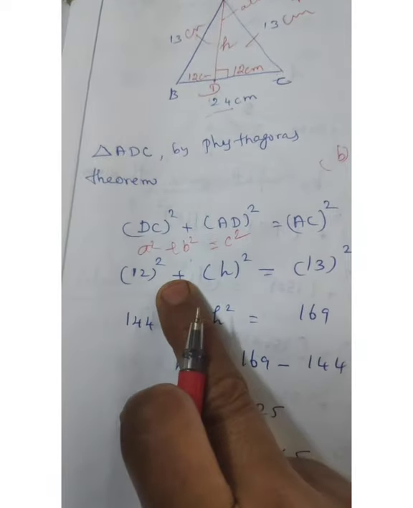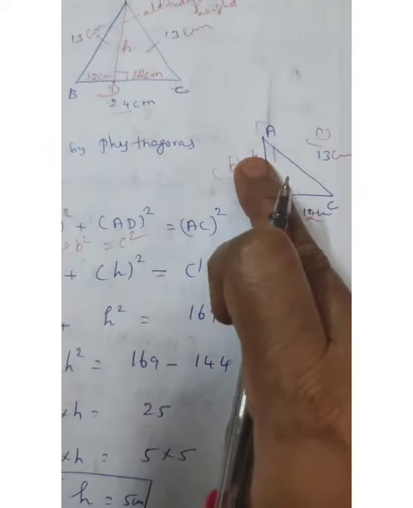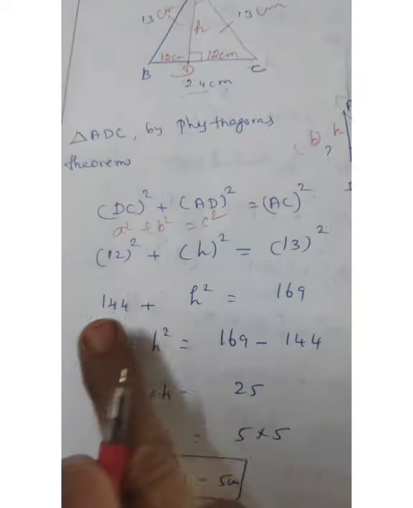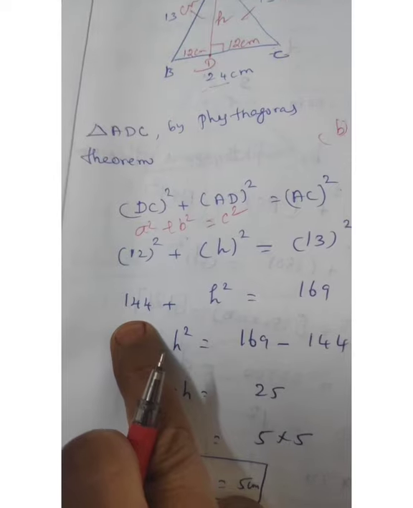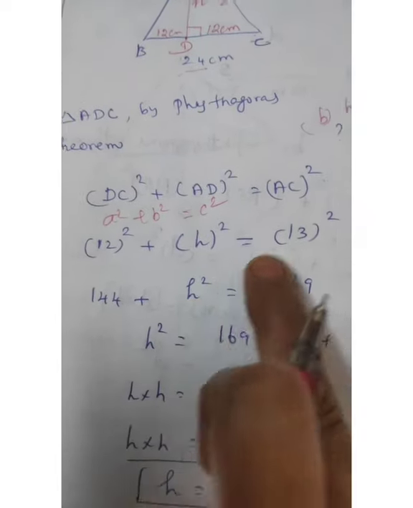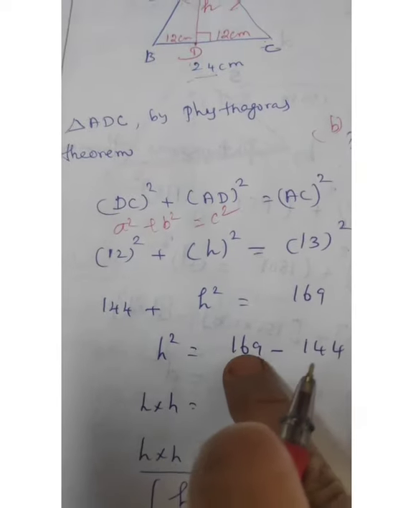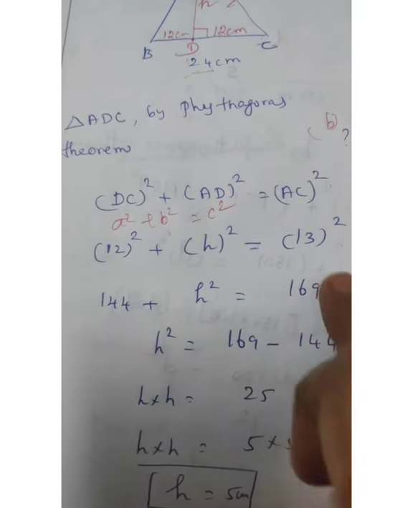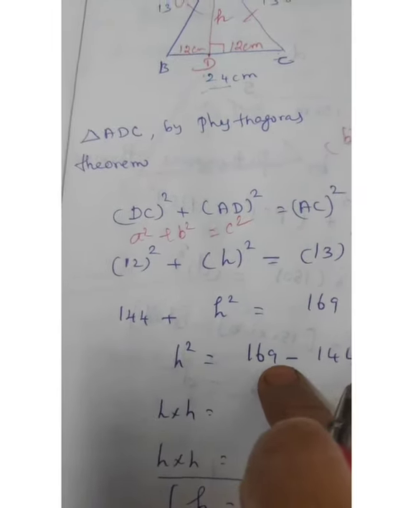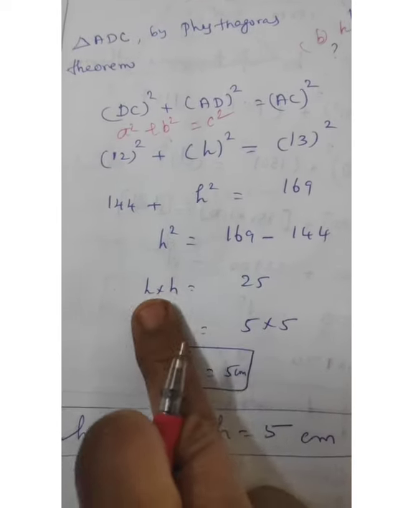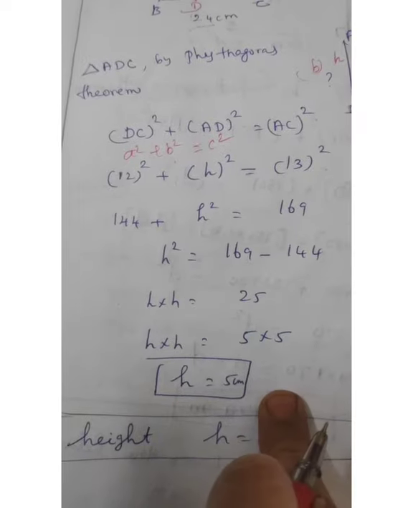So 12 whole square plus B value equal to H, H squared equal to 13 squared. Okay, now 12 into 12 equal to 144 plus H squared equal to 13, 13s are 169. H squared equal to 169 plus symbol change into the minus 144. Minus and right answer is 25. H into H value equal to 5 centimeter.